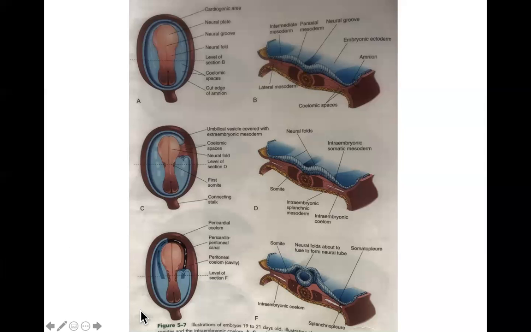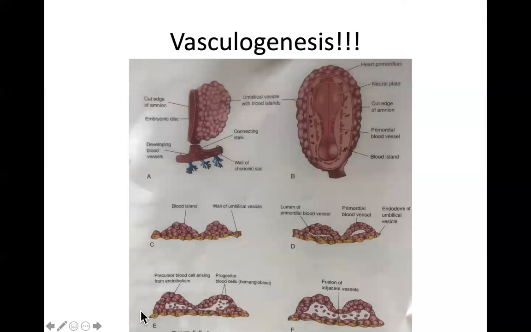So the answer to this is called vasculogenesis. Okay, now vasculogenesis, in case it shows up on a quiz, because it might, is defined as the formation of a rudimentary cardiovascular system. So the formation of a rudimentary cardiovascular system is vasculogenesis, right?